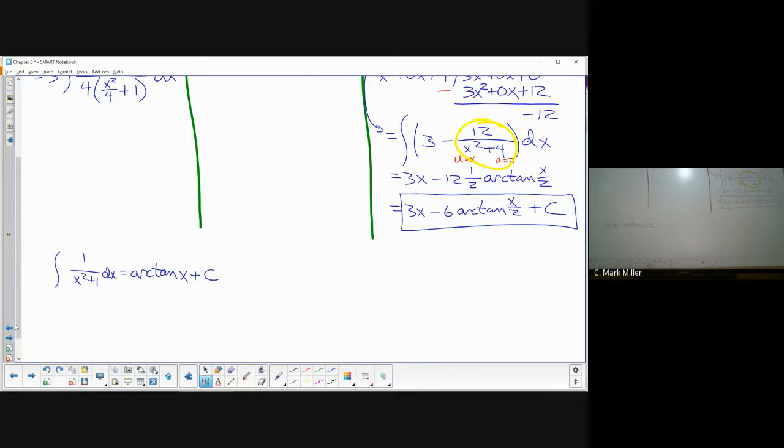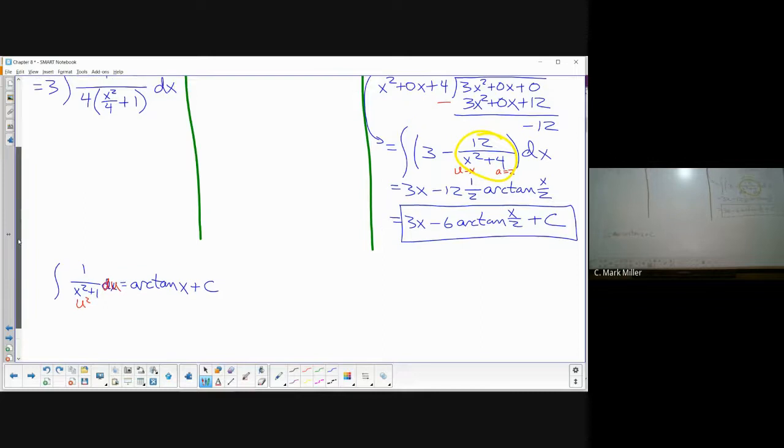Now, watch this, folks. If this instead of x squared were u squared, I would need du up top instead of dx. So if I have something besides just x that's squared, I just need its derivative.